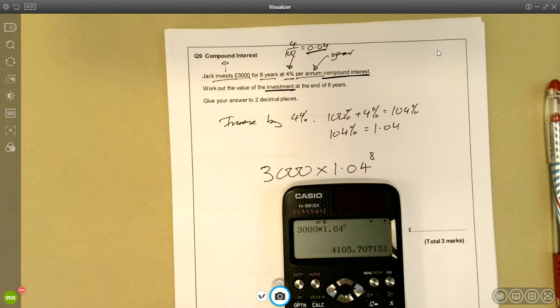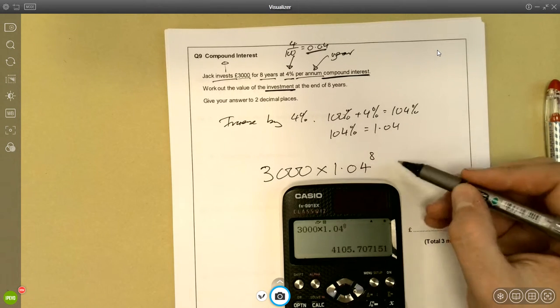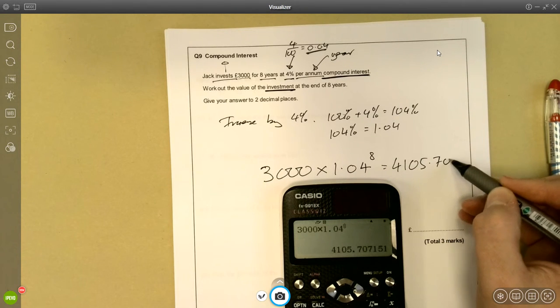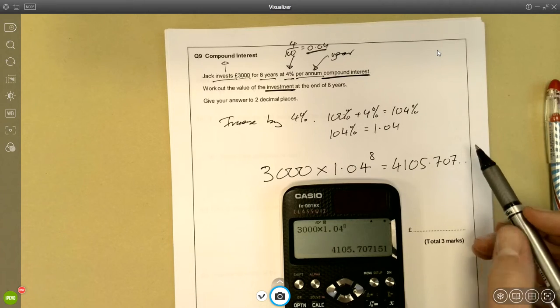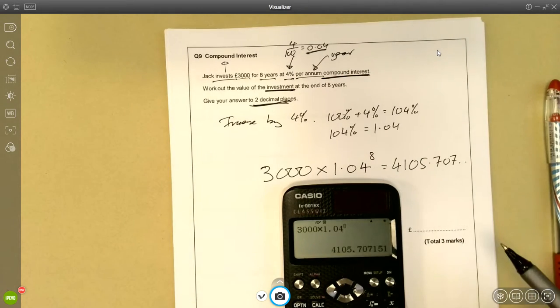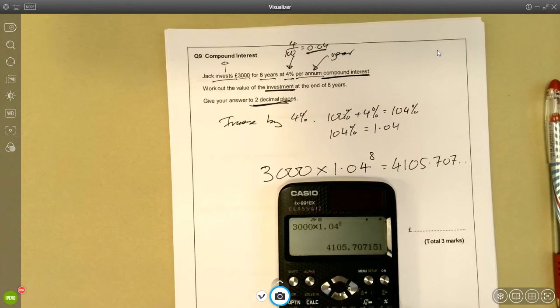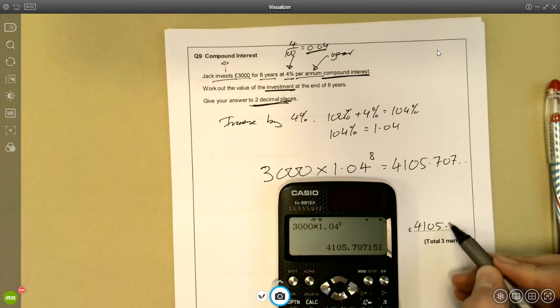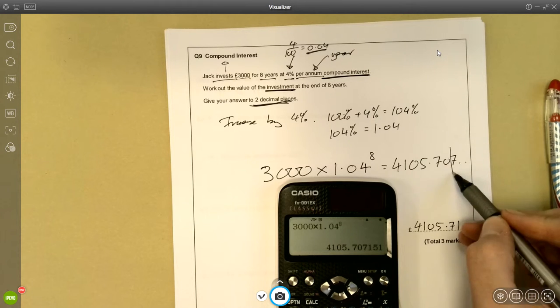Okay, write everything down. We've got 4,105.707, etc. Now it's 2 decimal places and also it's money anyway. All right, money. So you're going to go 2 decimal places. So it's 4105.71. Okay, it's rounded up there.